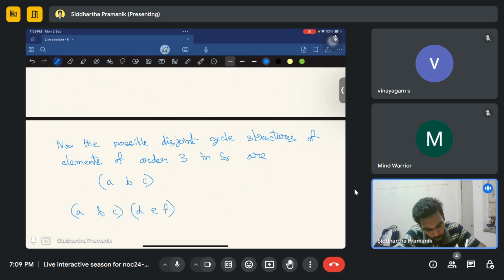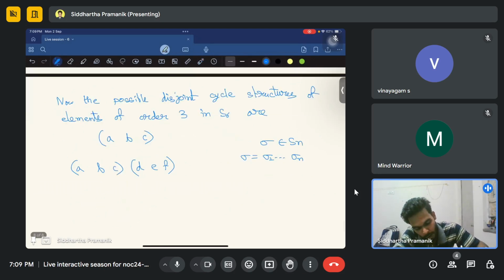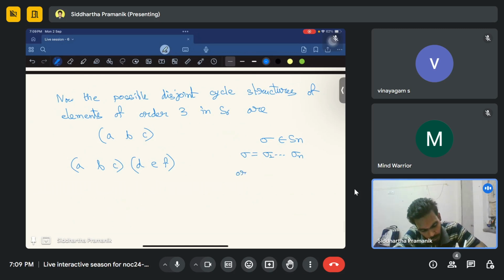So I hope you remember, if sigma belongs to Sn and sigma is written as a disjoint cycle structure, then how to find the order of sigma? It is the LCM of the orders of sigma 1 up to sigma n.